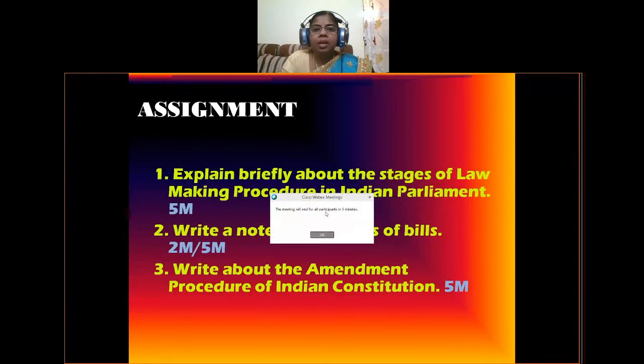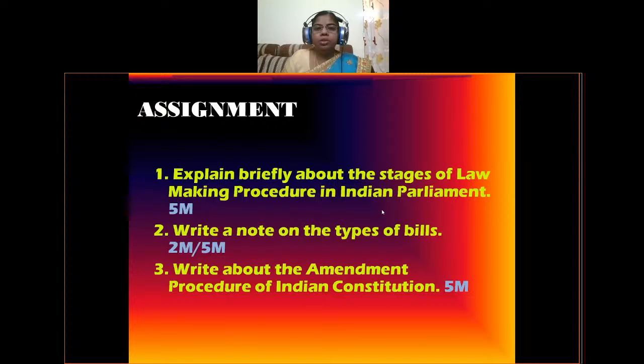These are the three methods by which we can amend our constitution. These are the three questions which are very important from today's topic, and you have to prepare notes for these questions and learn for your IPE.